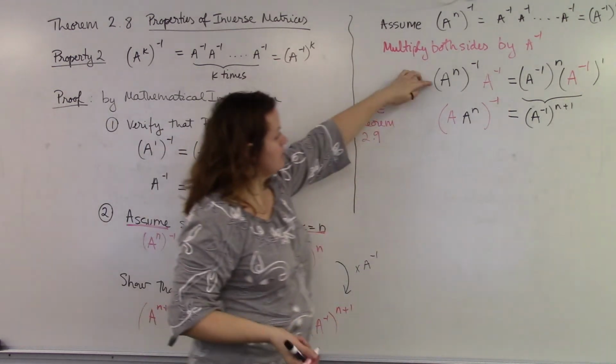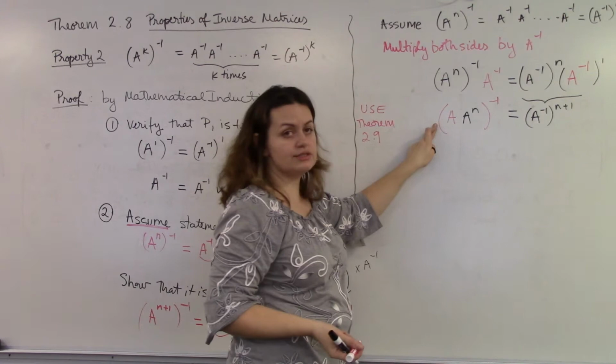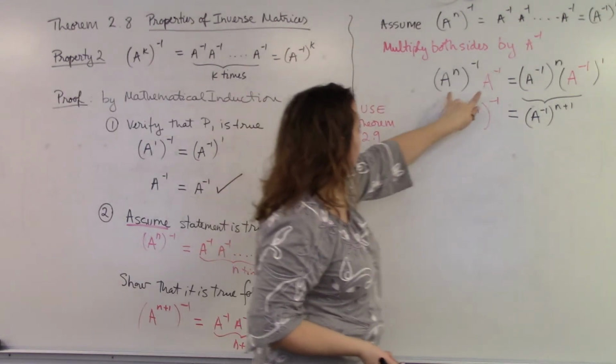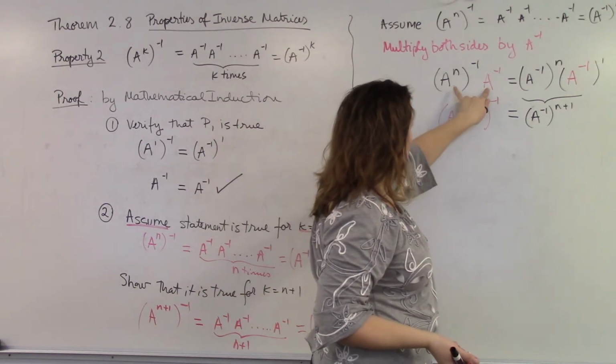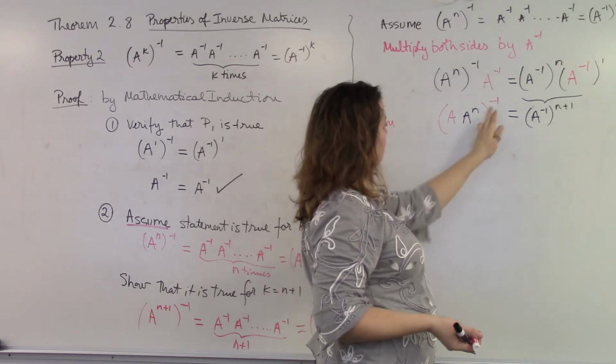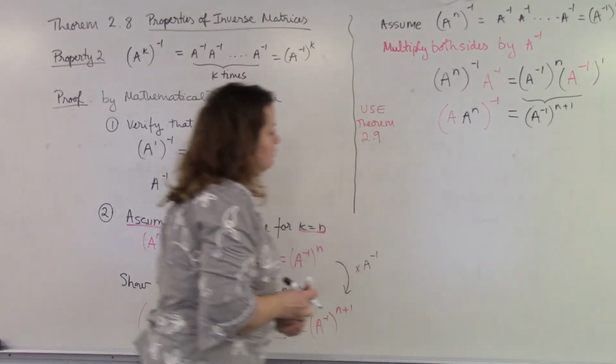This step from here to here is Theorem 2.9: I multiplied by the A on the other side, and my inverse went out there.